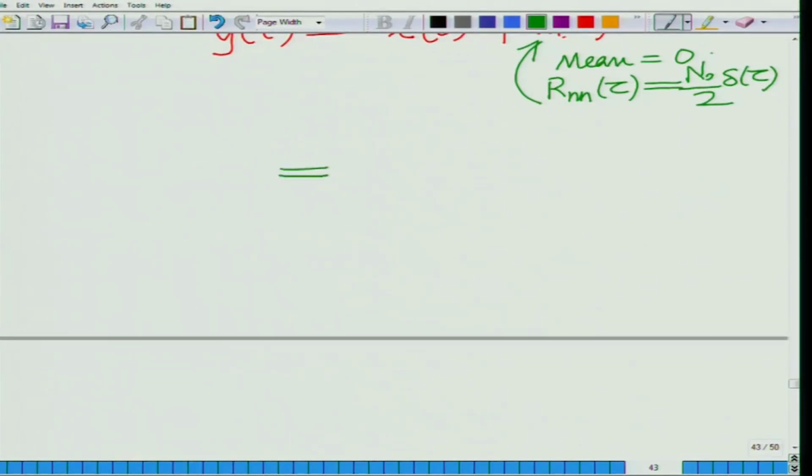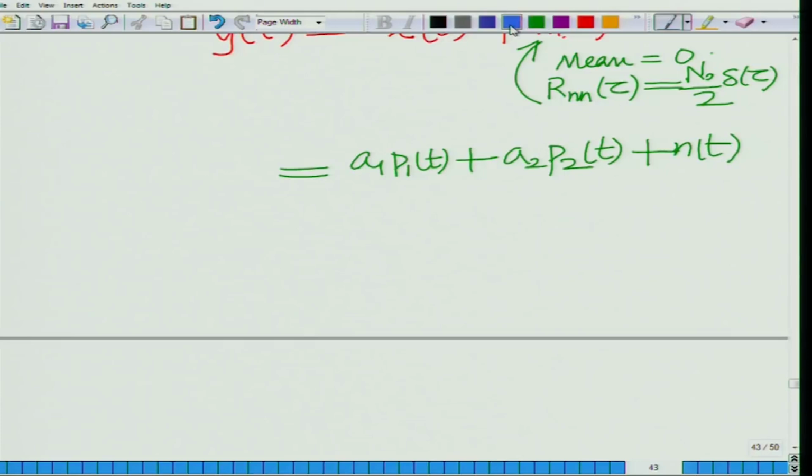Now, let us also expand x(t). x(t) is A1 P1(t) plus A2 P2(t), and y(t) is that plus n(t).